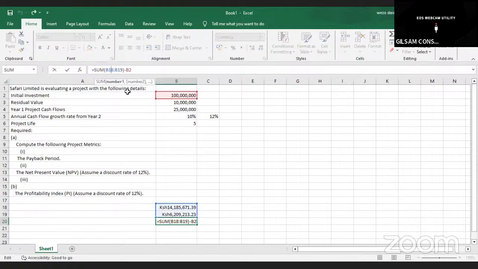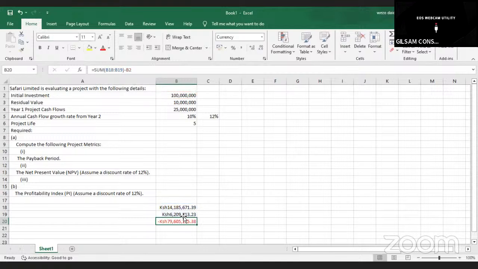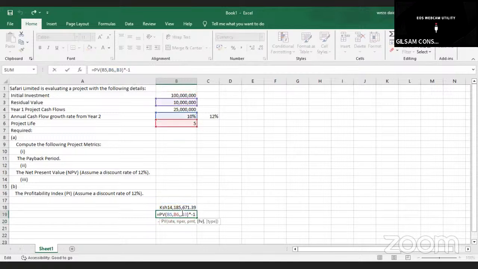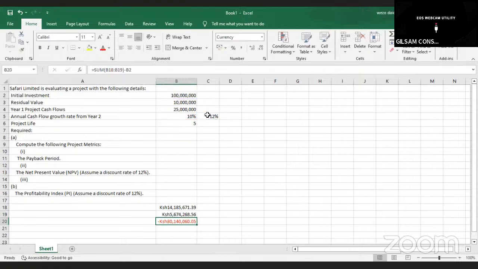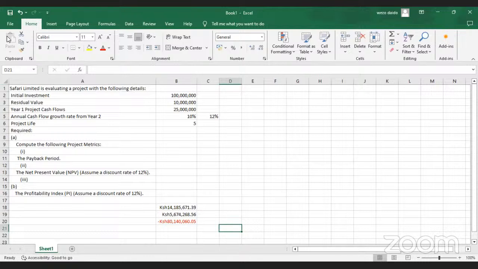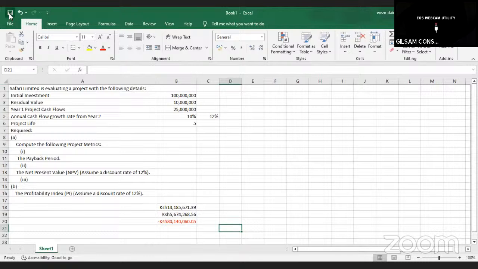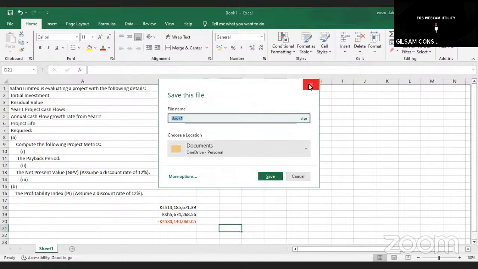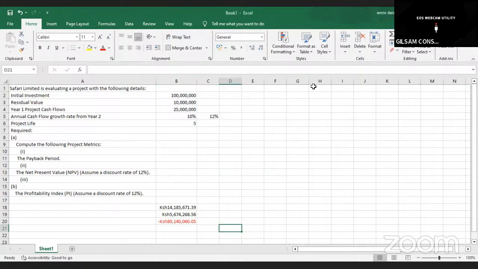Change the rate also for that. So that is a negative cash flow. You can get a positive or a negative cash flow.